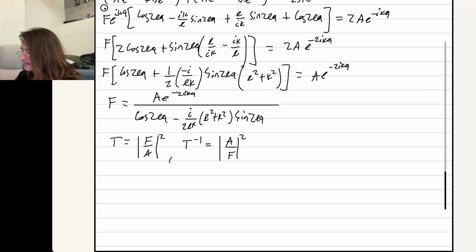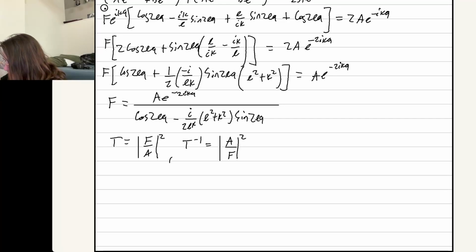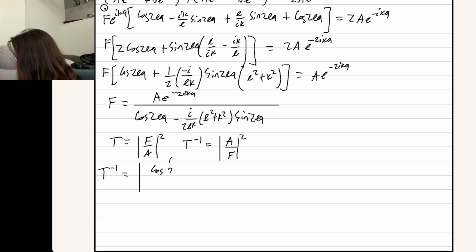And from this expression, which we just proved to be true, we can get an expression for a over f. So t minus 1 will be the mod squared of cosine 2la minus i over 2lk, l squared plus k squared, sine 2la.